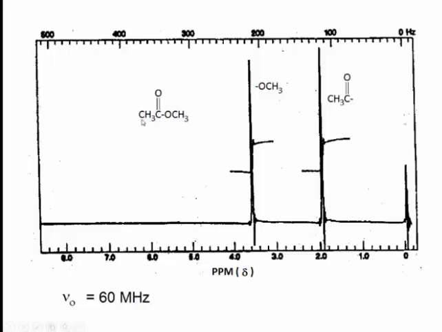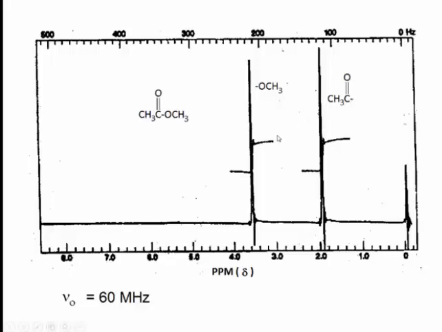So each methyl group generates one signal. 1, 2. Thus we see two signals for the ester. And as always, of course, we see the peak at 0 delta for the added TMS standard.